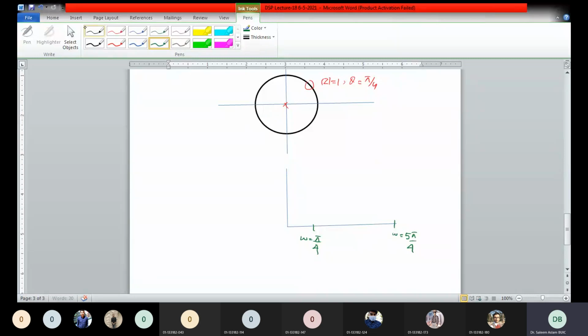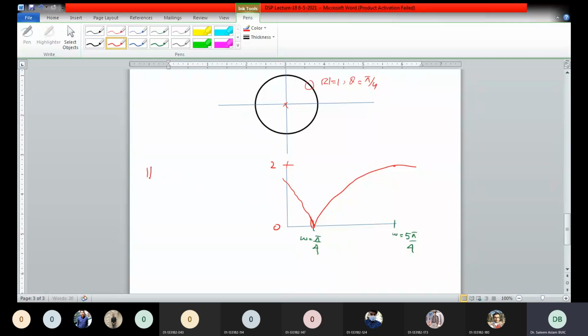So its minimum value would be 0. So your frequency response would look like this. Exactly 0, and then it is 2 at omega equal to 5 pi by 4.